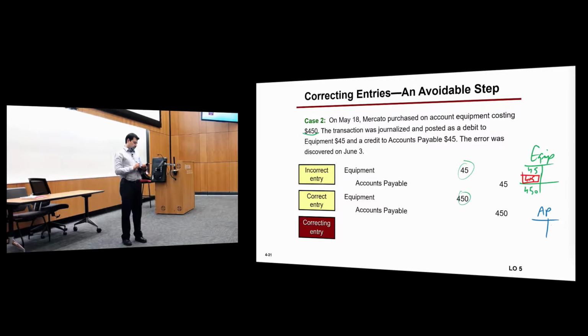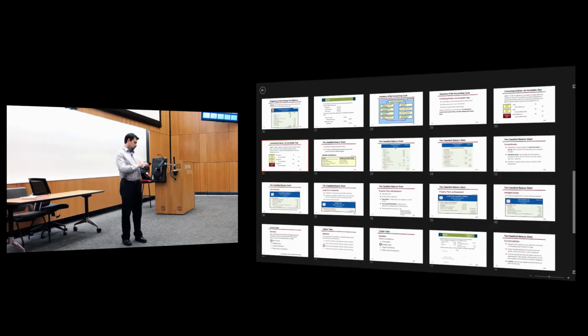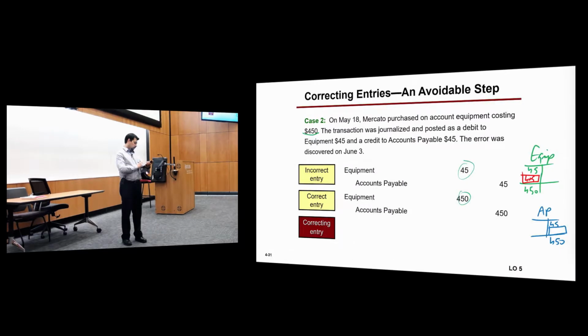It was a credit of 45, the correct one is 450. So again, 405. And that will be the correcting entry. The correcting entry in this case is a debit to equipment, 405, and credit to accounts payable, 405. The other way was simply to reverse the incorrect.